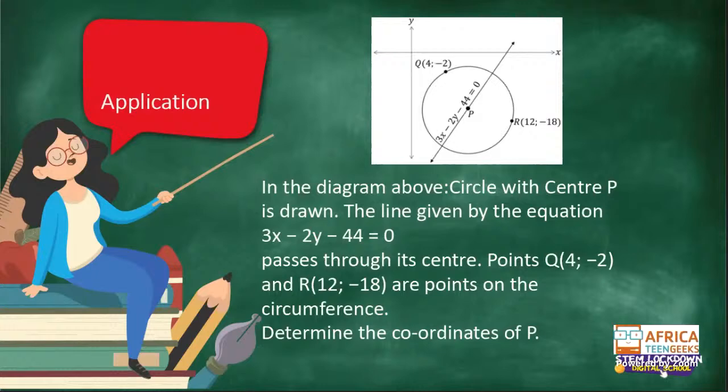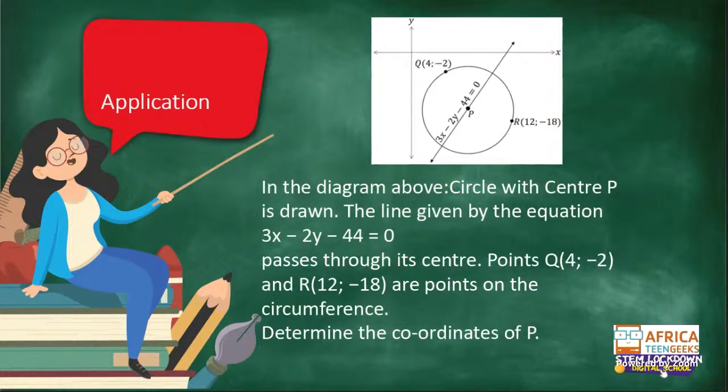Above, you can see that you have your Cartesian plane X and Y, and then you have the circle which has a center point P. The point on the circle R is (12, -18), and Q is also a point on the circle, with coordinates (4, -2).